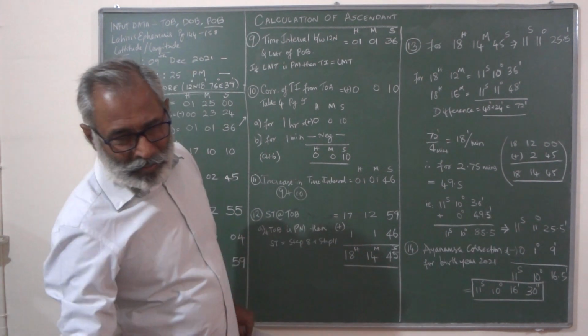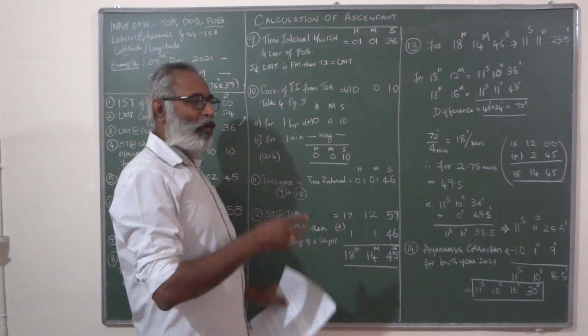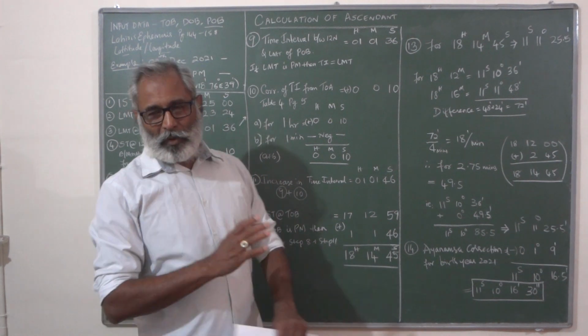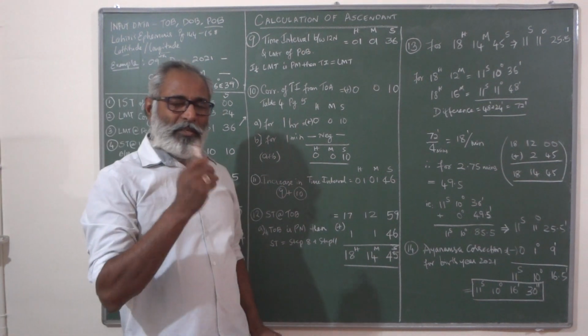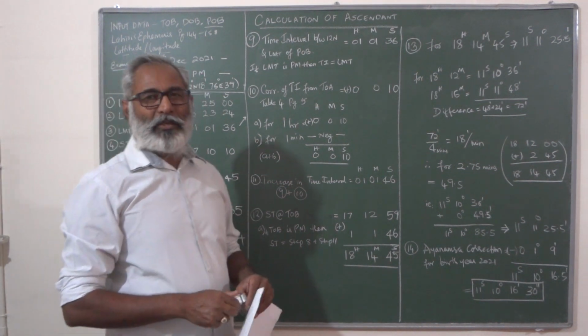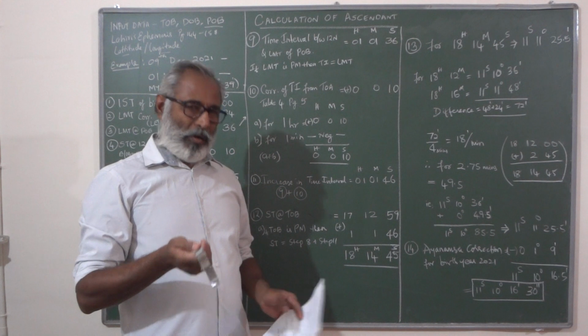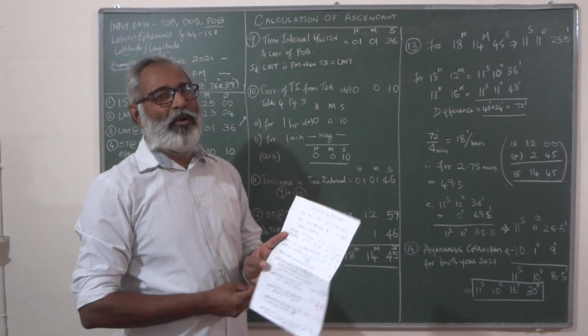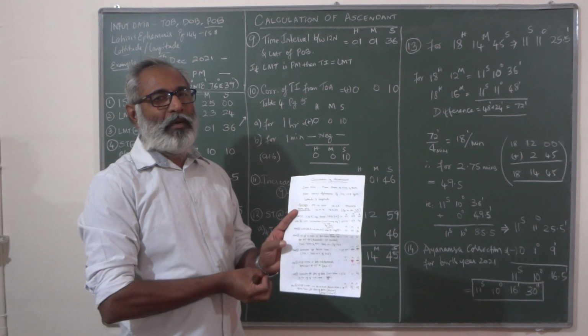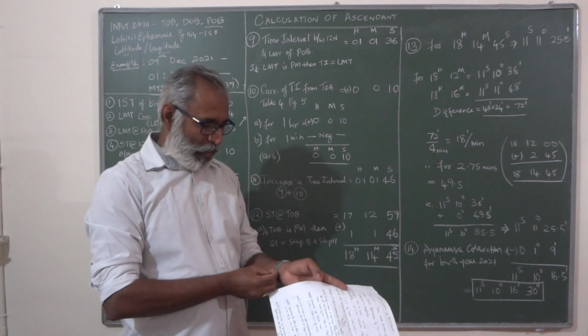What is the sidereal system? Normally when we see our watch, this time is based, for the most part, on the sun's movement, or the earth's movement around the sun.